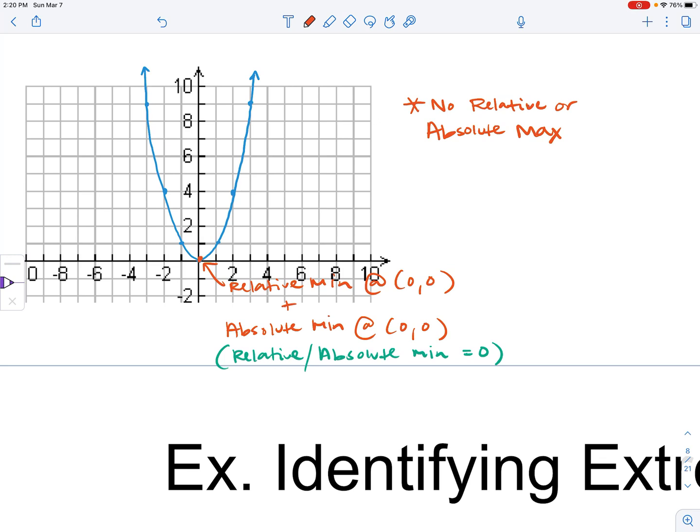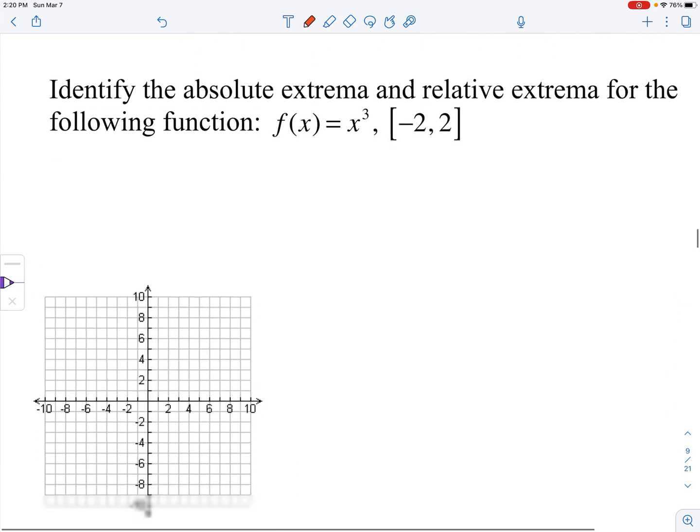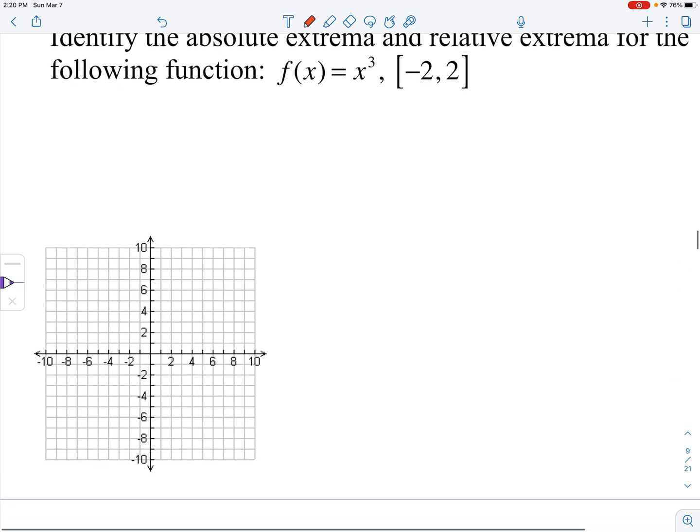And we already knew that a graph could not have a relative maximum if there was nowhere that the function changes from increasing to decreasing. But our other examples have had absolute maximums, and this is our first example that does not have an absolute maximum.